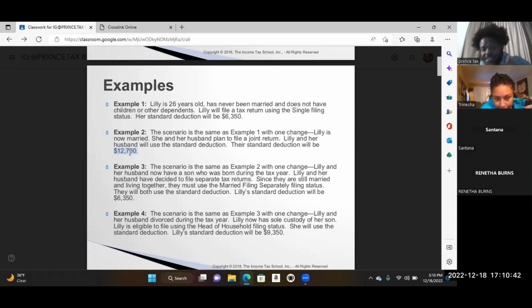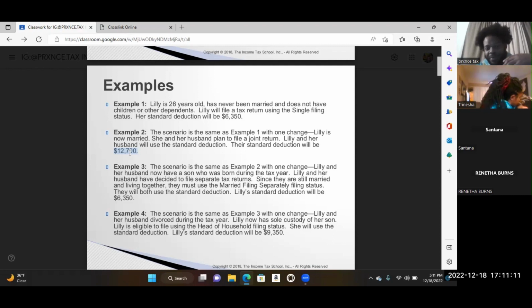Example number 3: the scenario is the same as example 2 with one change. Lily and her husband now have a son, so they now have a dependent who was born during the tax year. That is important because say you have a child in the stomach of your wife, because the world is very different now. It's crazy.